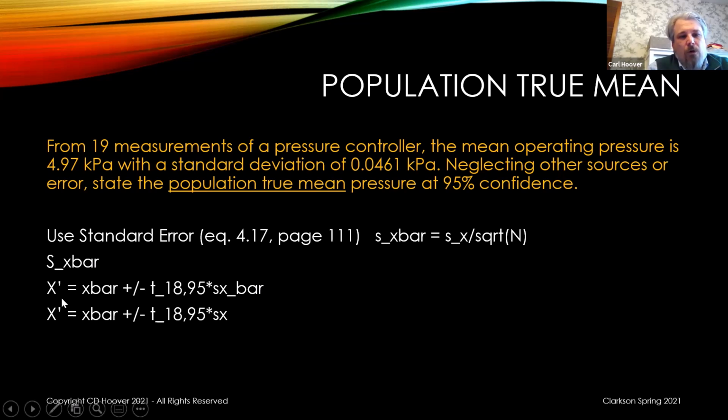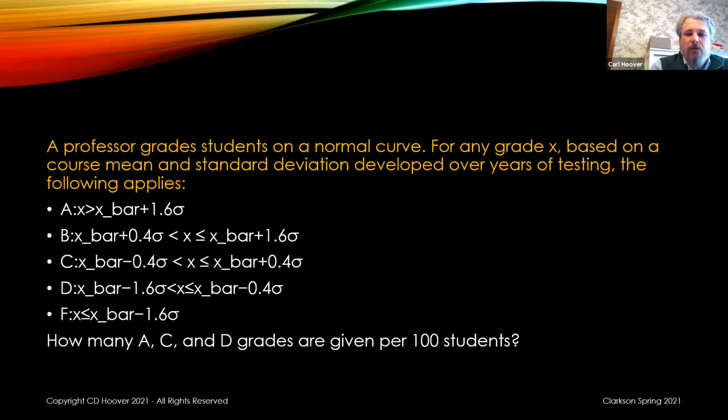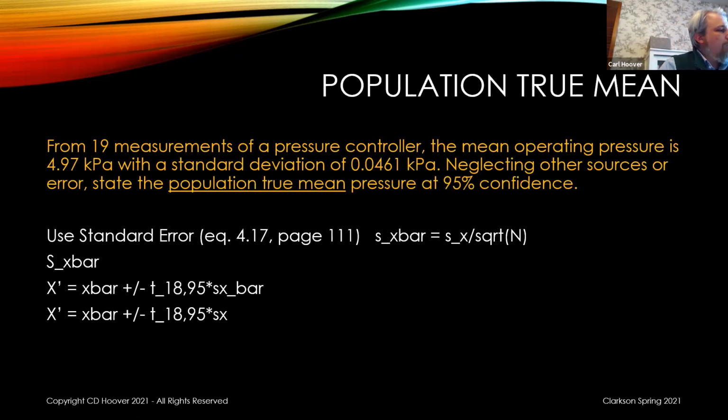And so our estimate of the true population mean is our sample mean plus or minus t at 18, 95% times standard error s x bar. And so let's see what the value is. So the estimate for the true mean is 4.97 plus or minus 0.022 kilopascals at 95% confidence.